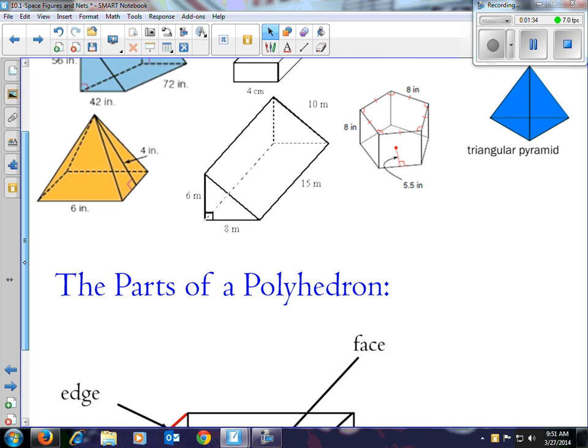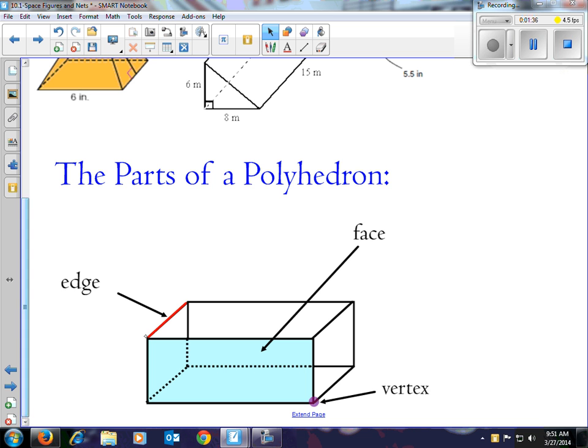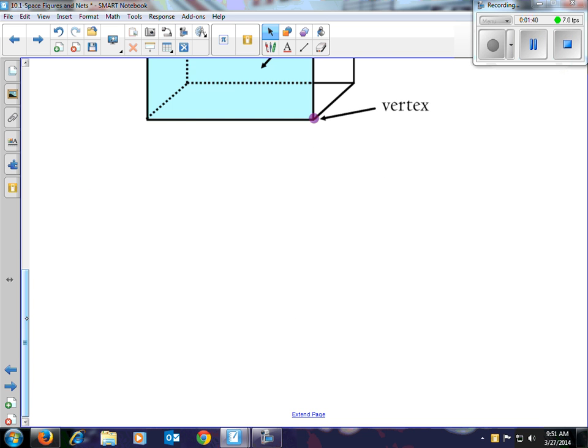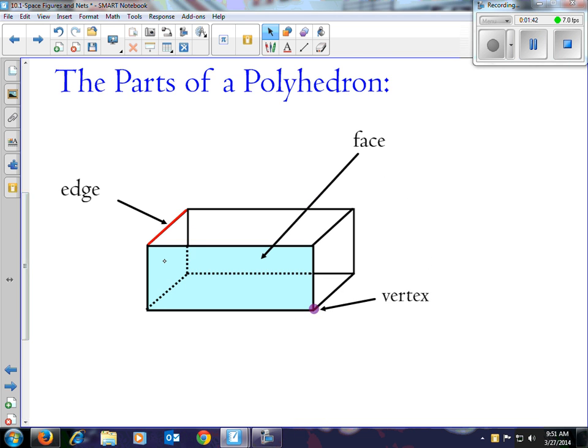So the first thing we're going to do is talk about the parts of a polyhedron. So the parts of a polyhedron are these main three parts. So we have a face, which is like the polygon. So like this rectangle here is a face, this rectangle here is a face, and so on.